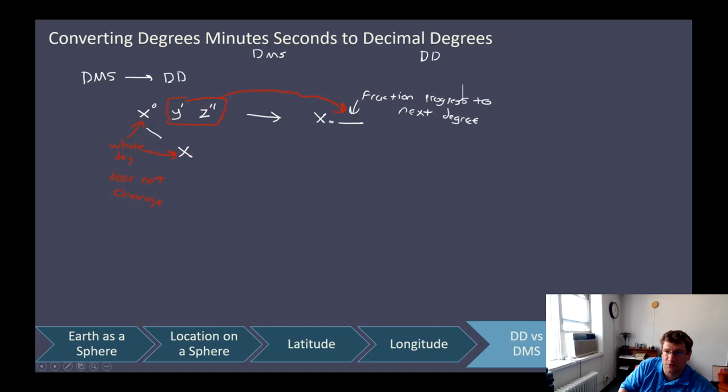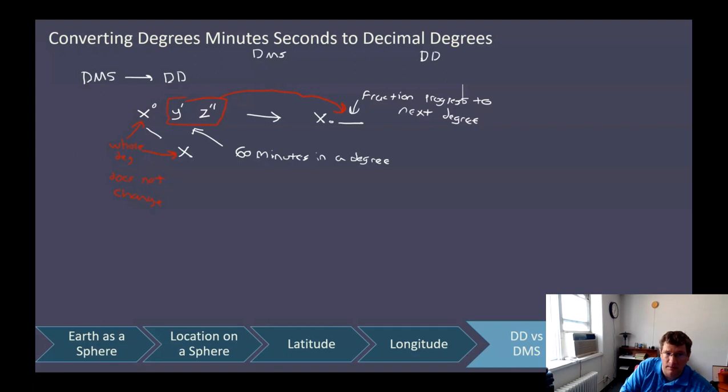Now, if we think conceptually about what each of these represents, going back to the previous slide, there are, by definition, 60 minutes in a degree. We literally just talked about the concept: we take the original degree and break the distance between 2 degrees into 60 subangles.